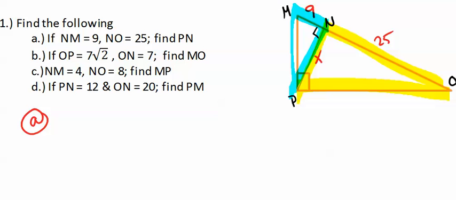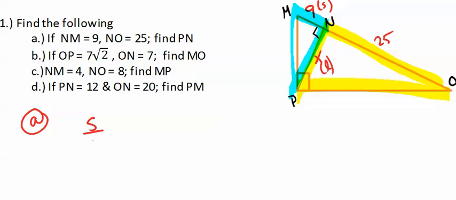So if you notice, in the blue triangle, 9 is the short side, X is the long side, and in the yellow, X is the short side, and 25 is the long side.